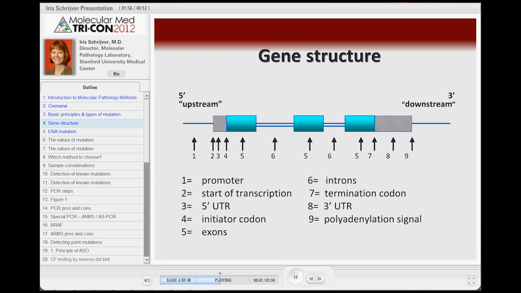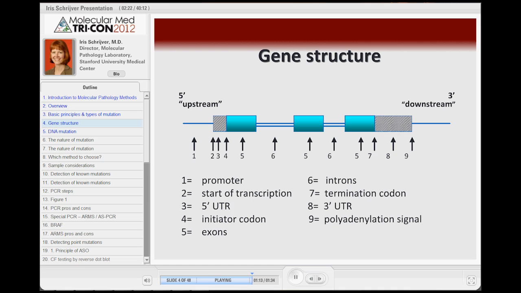And you can see that this already occurs in an exon. So it's not true that all exons are completely protein coding. Then there is the 5' untranslated region, the initiation of translation, which is called the initiator codon, and that's always a methionine. And then in blue we have the exons, and the bars represent the introns, or the intervening sequences.